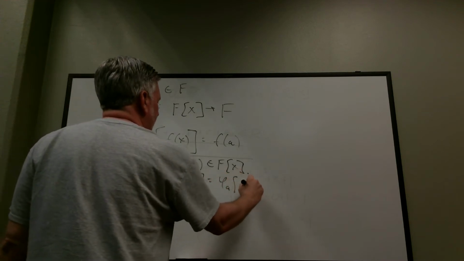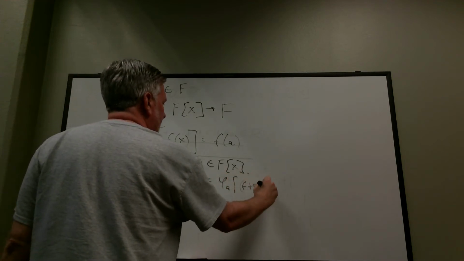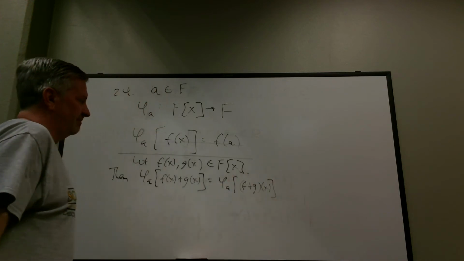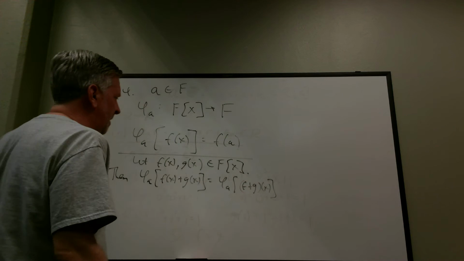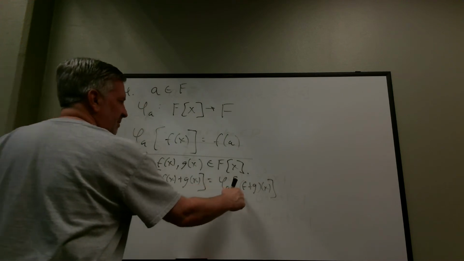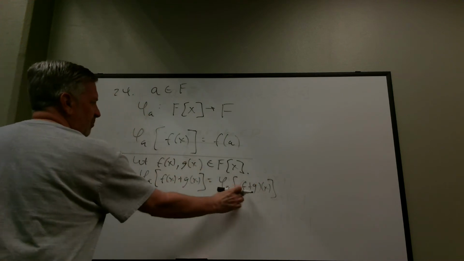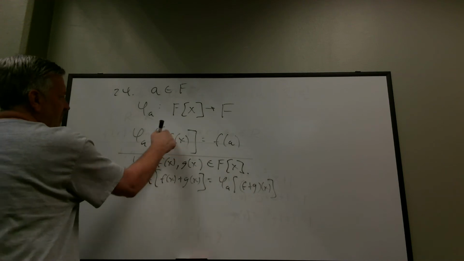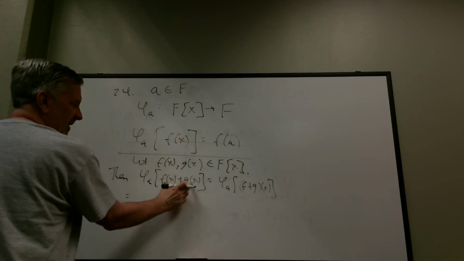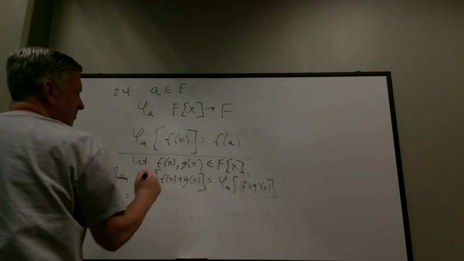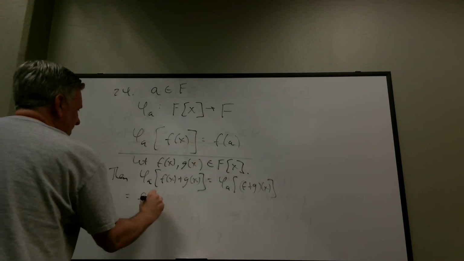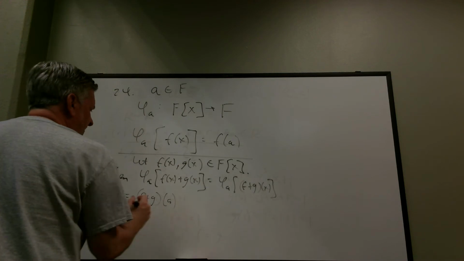That's (f plus g) of x, that's the definition of the sum. And now, what's phi sub A of one function? The reason why I wrote it that way is it says, how do you take phi sub A of a single function? So instead of thinking of this as two functions, I'm thinking of it as one. Well, the definition of phi sub A says that's (f plus g) of A.